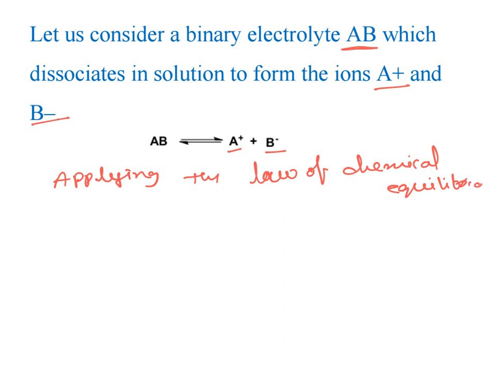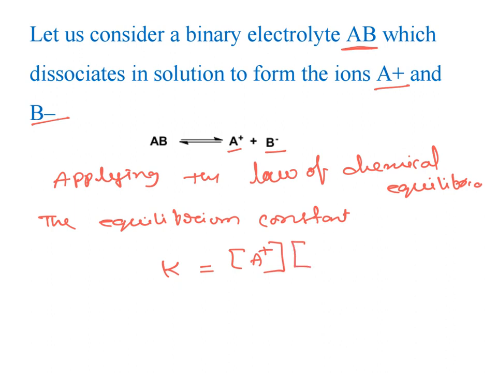The equilibrium constant is written in the following expression: K equal to the equilibrium constant, concentration of the products, here the products are A plus and B minus, divided by the concentration of undissociated molecule, that is the concentration of AB, which is equal to a constant.